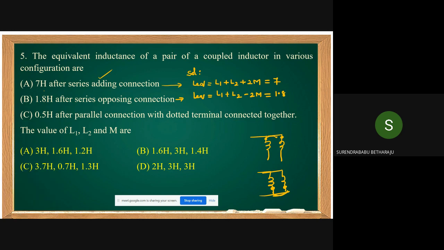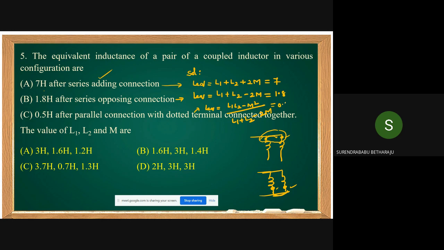Then in this case, what is L equivalent? (L1 L2 minus M square) by (L1 plus L2 minus 2M). Because it's an aiding connection. Dotted terminals connected together means both the dots are at the starting terminal, or both are at the ending terminal. It is an aiding connection.